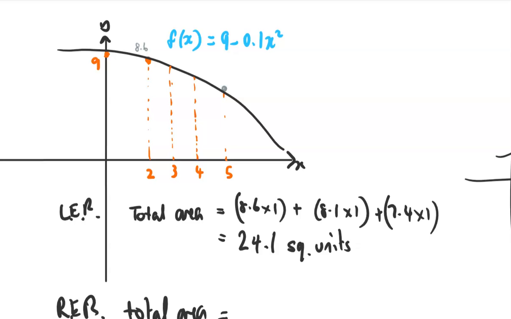Okay. So the right-hand rectangles would be exactly the same idea, except this time I'm going to use the right-hand height. Is that okay? And so that's going to be 8.1, was it 7.4 and 6.5?